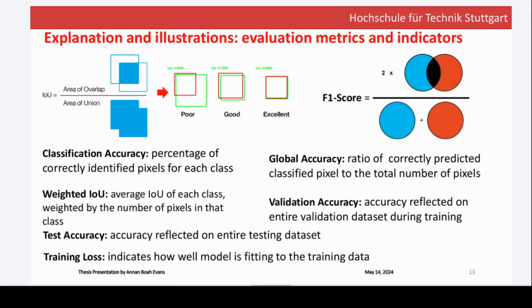I will not bother you with a lot of theory, like I said, when it comes to the concept of evaluation accuracy metrics. So briefly, I will just explain here so that people will have a fair idea. If you talk about the classification accuracy, we are talking about the percentage of correctly predicted pixels for each class in the image.